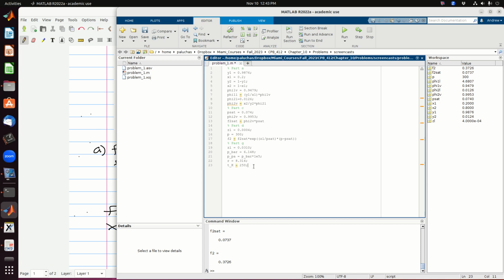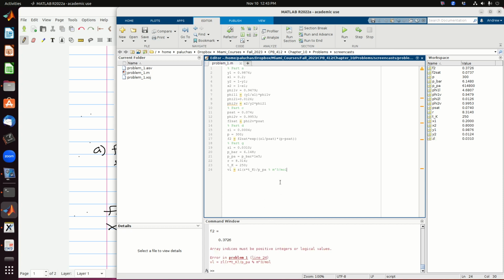By putting everything in SI units, when I calculate my molar volume, it'll be in SI units, which is meters cubed per mole. So when I compute the V of my liquid, it's going to be Z liquid times R times T divided by P, and this is going to be in meters cubed per mole.